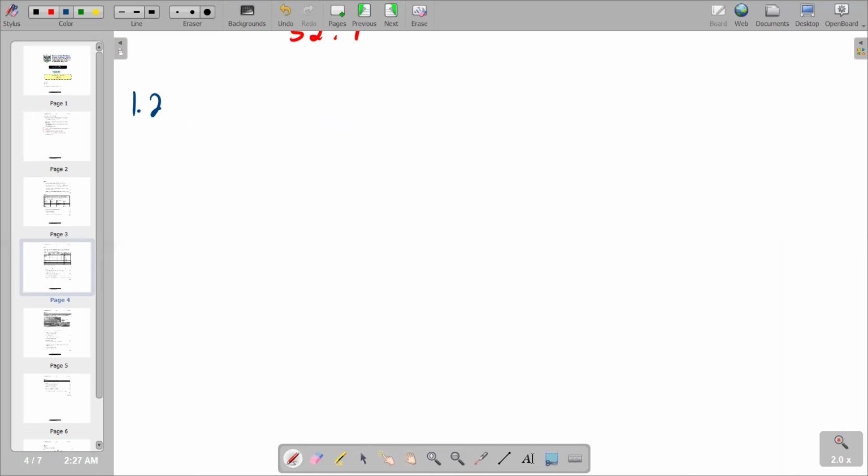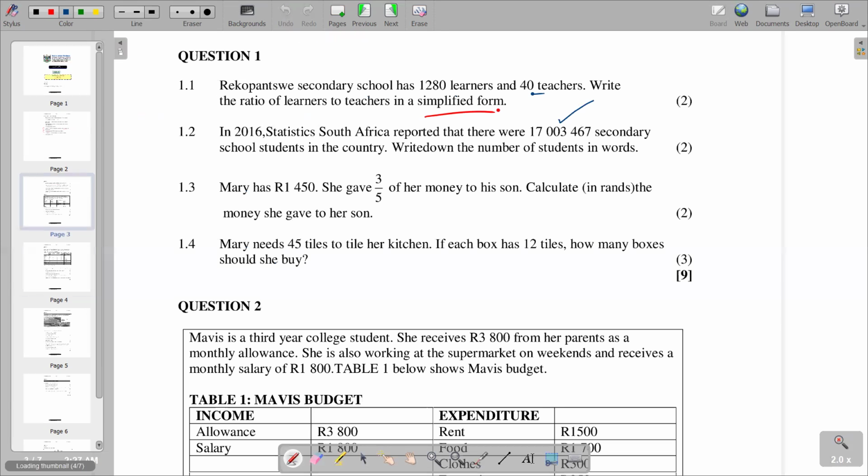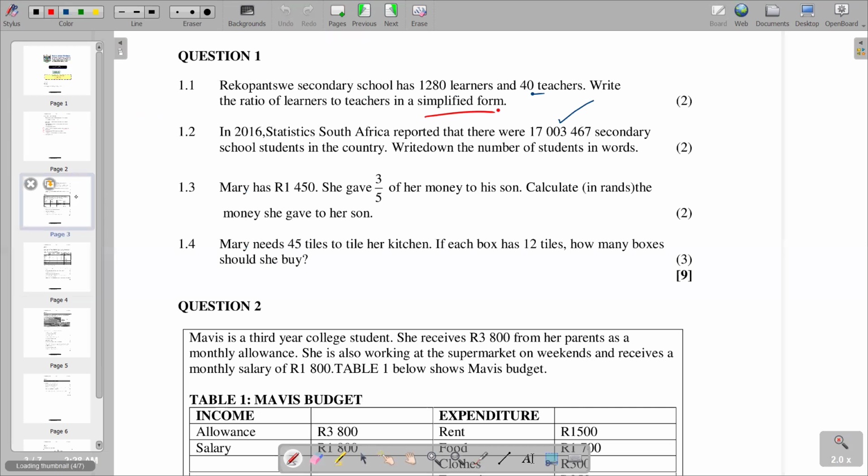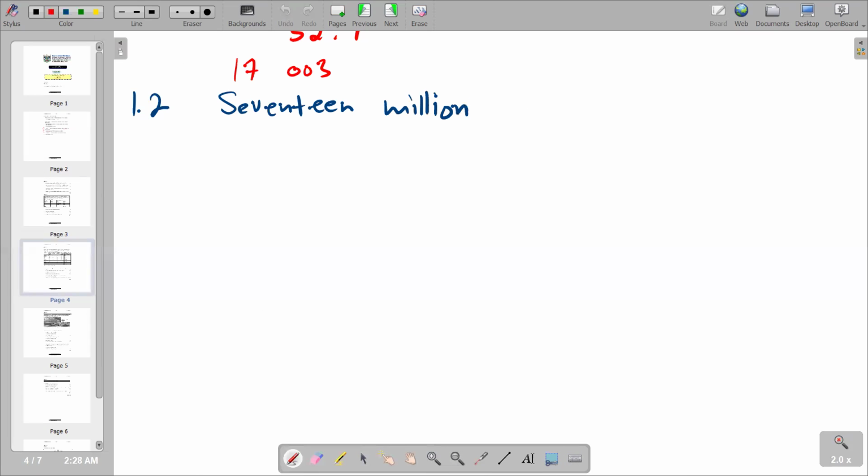For our 1.2, we have 17 million and 3,000. Remember, it's 17 million and 3,000, 467. So this is what we have.